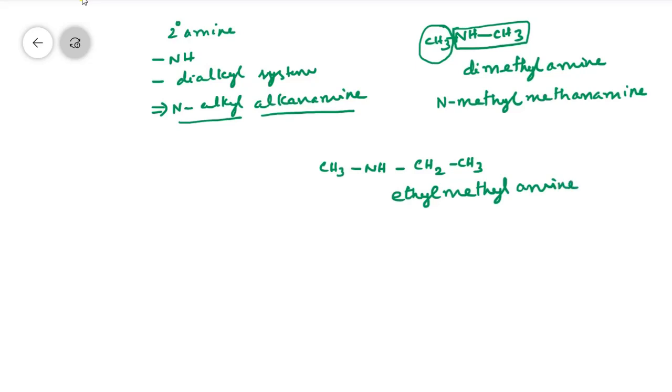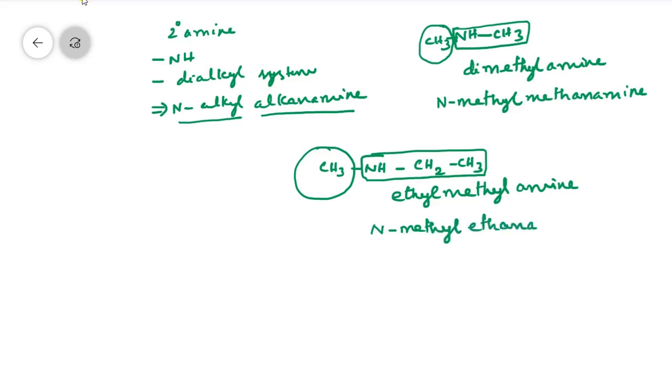In IUPAC nomenclature, the bulky group or the longest chain is considered as the alkane amine, and the substituted part is the methyl group. So the name of the compound is N-methyl ethane amine.